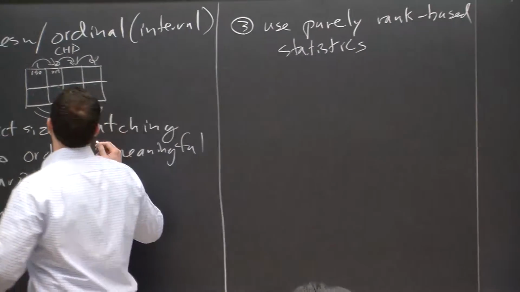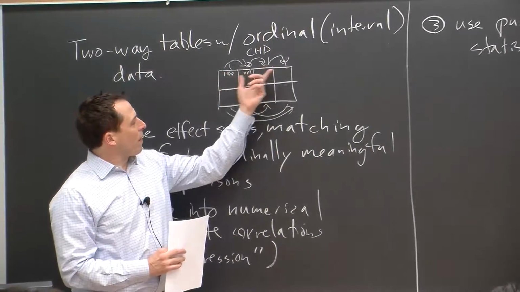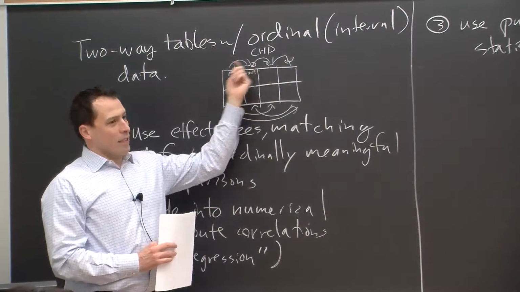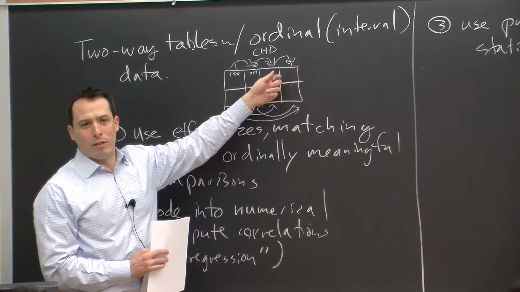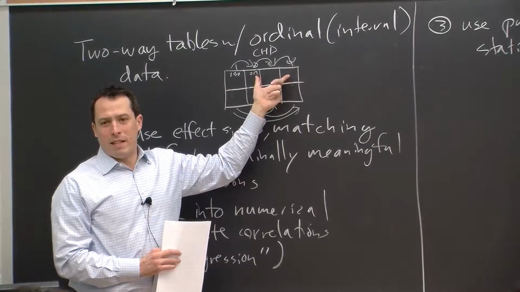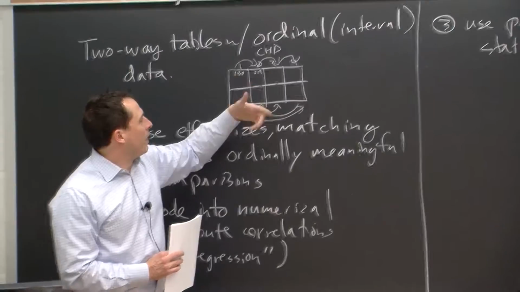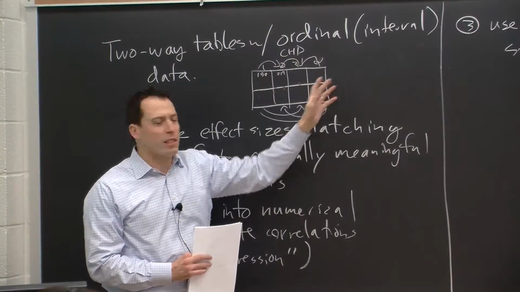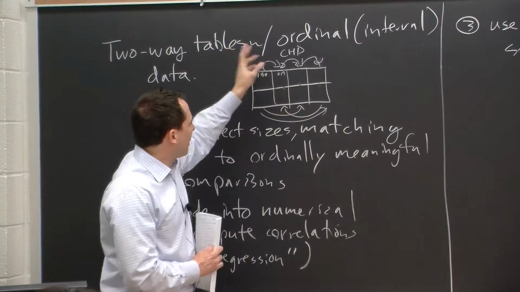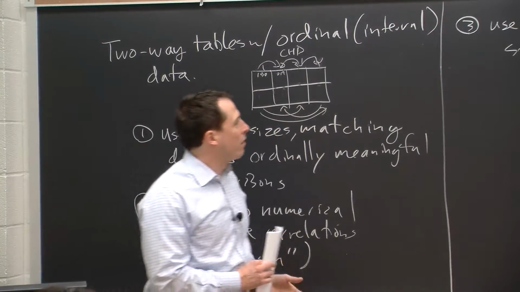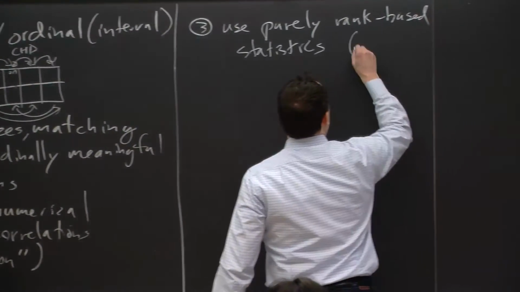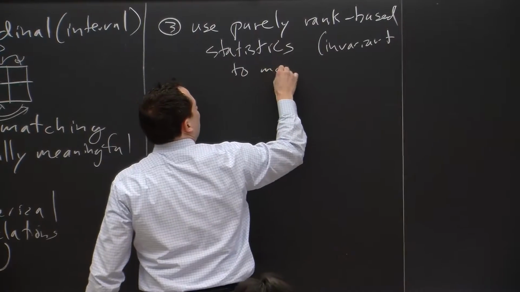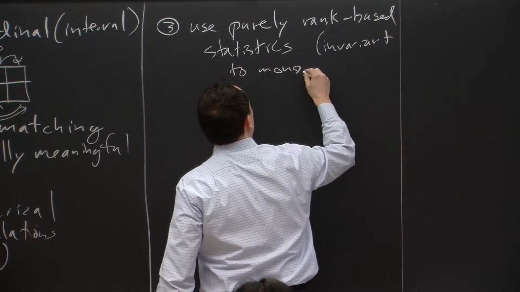So they're totally agnostic about, if I think of this as say cholesterol, maybe to get the best linear relationship, I should take the log, or I should subtract a constant from it, or I should do some other transformation. If I use a rank-based statistic, it just completely ignores that. It only cares about the relative rank positions of these and is not even able to pick up what transformation. So they're invariant to transformations, which is a pretty good definition of what it means to be a rank-based statistic.